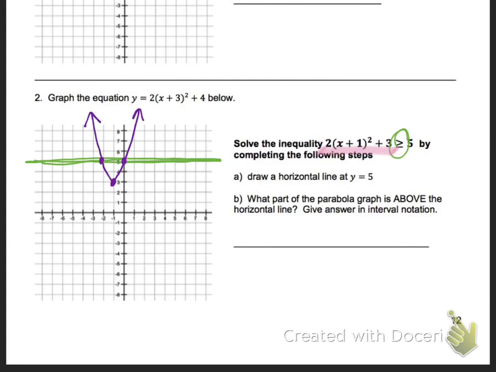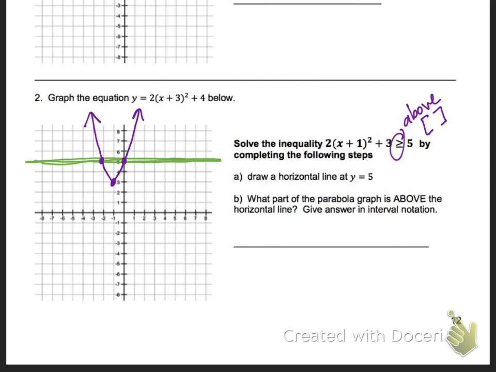Draw my parabola. And the problem says greater than or equal to, so that means it's going to be above. It also means that I'm going to have brackets.